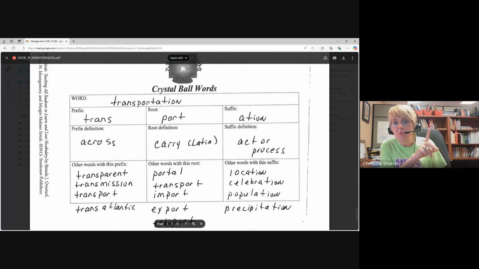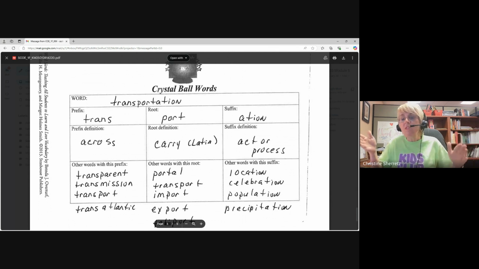So you're going to first teach, what does the prefix trans mean? And students need to know that trans means across. So you have to teach that prefix. You need to teach the suffix, ation, that is a suffix, and that means an action, an act, or a process. Then what's left is the word port. Port is a root word that means to carry in Latin.